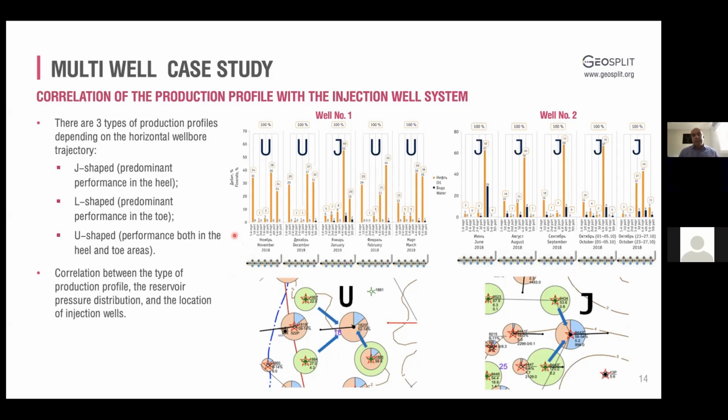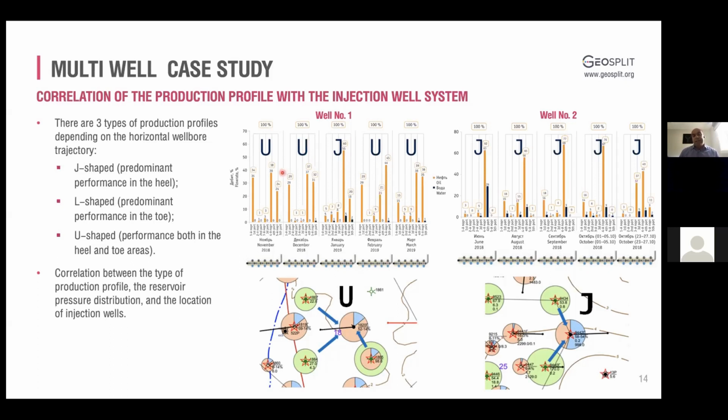And the client started measuring the production on a regular monthly basis, and they started getting quite unique profiles: J-shaped, which means that the production was predominantly coming from the heel, then L-shaped, where the production was predominantly coming from the toe, and U-shaped, where production was coming from the heel and the toe.